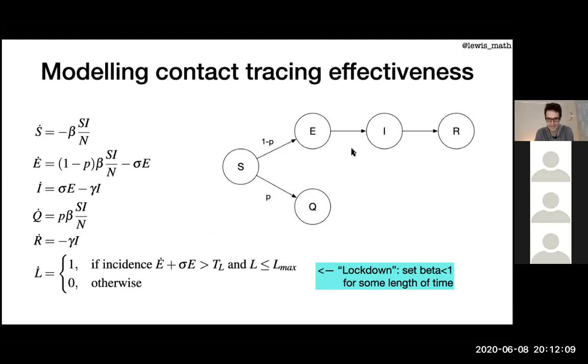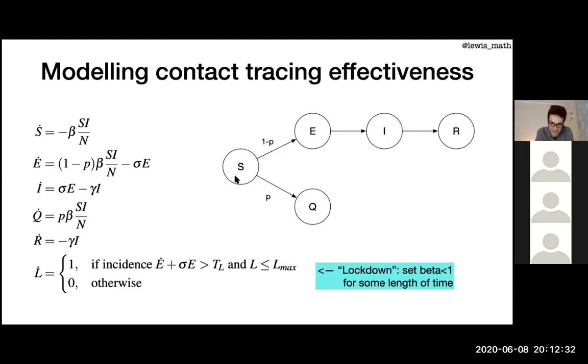So I should split the E and the I compartments into two. But otherwise, this is the skeleton of the model that is used by James McCaw and Jodie Vernon and team in doing this scenario modelling, which I think you discussed a few weeks ago in this seminar. And this is the guts of it.